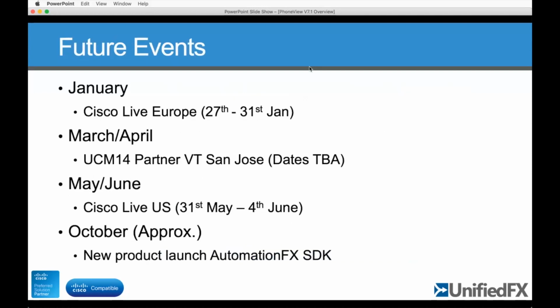Can I just wrap it up? So future events, for anybody who's lucky enough to attend Cisco Live, we'll be in Europe shortly. We're planning to go to San Jose for the Communication Manager 14 partner VT session. We've not heard anything about the dates. It's been rumoured to be about March, April. We should also be going to Amsterdam for the equivalent one there at the start of the year. Don't have dates for that either at the moment.